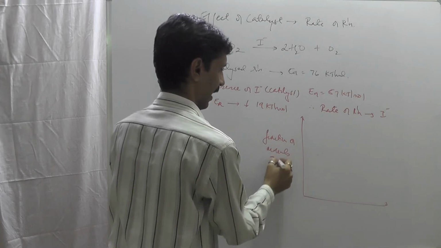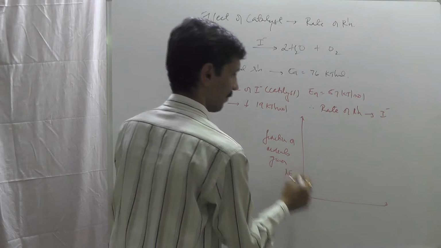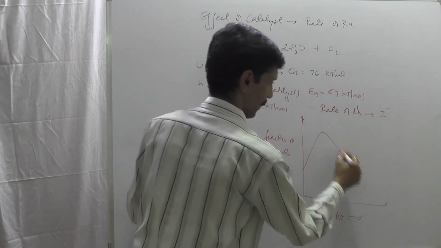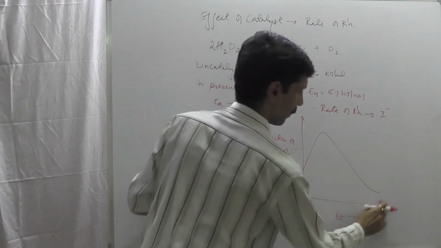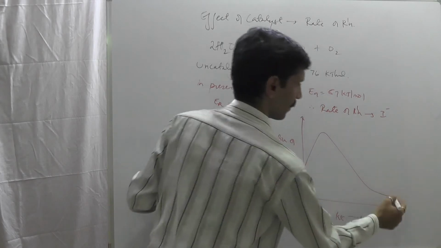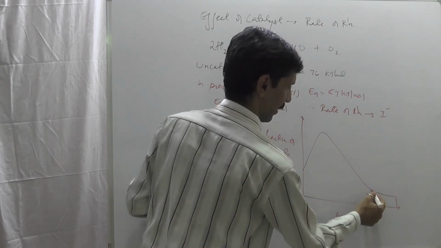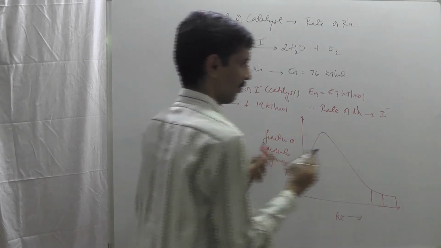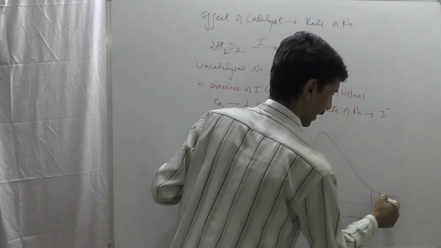So if I'm going to plot a graph like this, okay, fraction of the molecules with a given kinetic energy, और यहाँ पर kinetic energy, if I'm going to show it this way, and I show the energy in this manner. So I will be showing it like this.